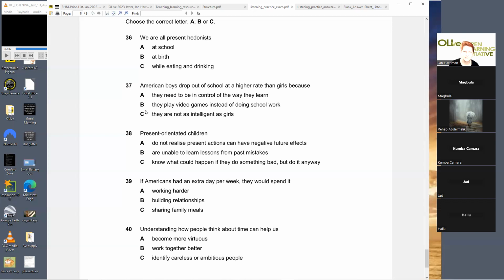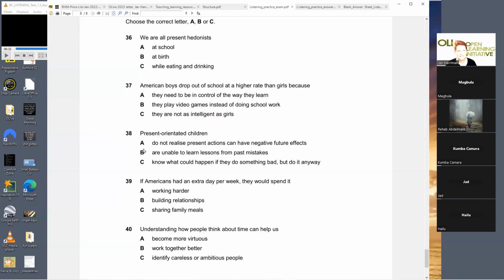Okay. B is easy. They play video games instead of doing schoolwork. Yeah, I think B is correct. But be careful. They may talk about video games. We have to make sure that it's instead of doing schoolwork, higher than girls, for that to be correct. And the last one will be if they say that boys are not as smart as girls, then no. They are not as intelligent as girls.